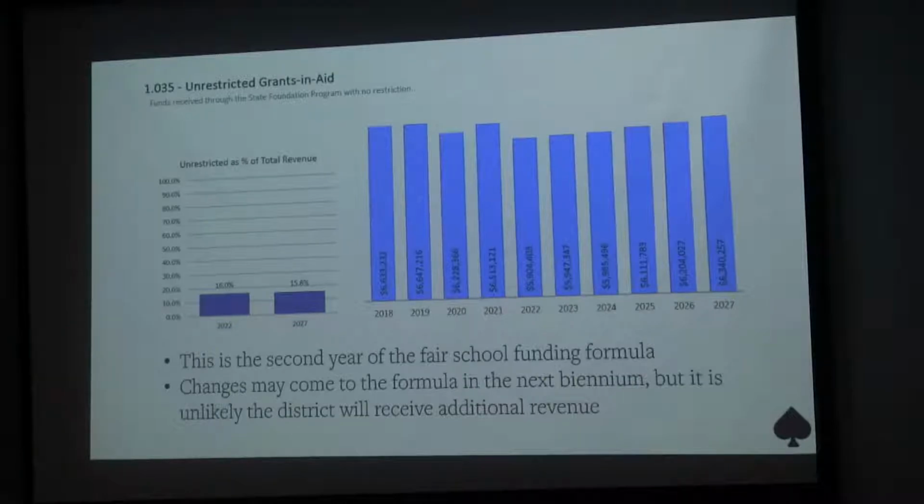So while we received less revenue, we also had offsetting reduction in our expenditures through tuition. So that wasn't a true reduction. I took the slide out this time because we talked a ton about it last year, but we actually saw an increase in our state funding a little bit because of the transportation component. So just wanted to highlight that we actually did benefit from the Fair School Funding Formula this go around.